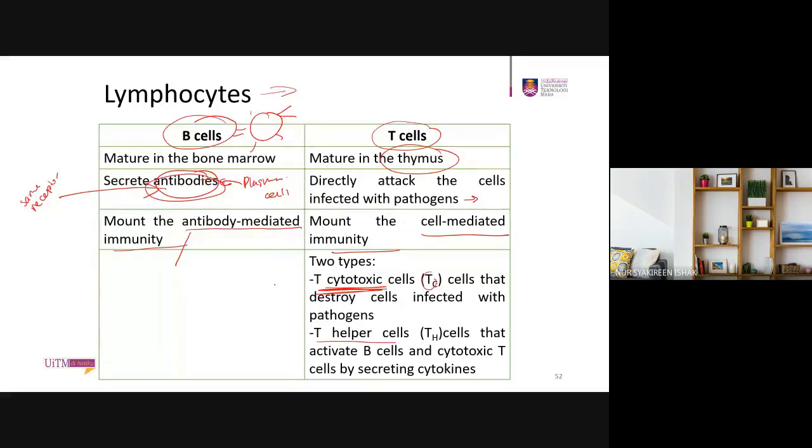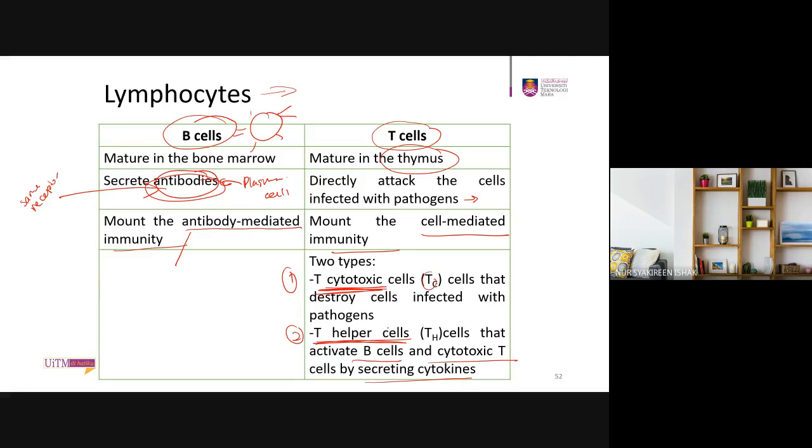Second, the second one is helper T cell. Saya dah terbiasa sebenarnya. Saya sebut dia helper T cell. Kat sini tulis T helper cell. Sama je lah. Okay. T helper cell dengan T cytotoxic cells. So kalau T helper cells, okay, that activate B cells and cytotoxic T cells by secreting cytokines.